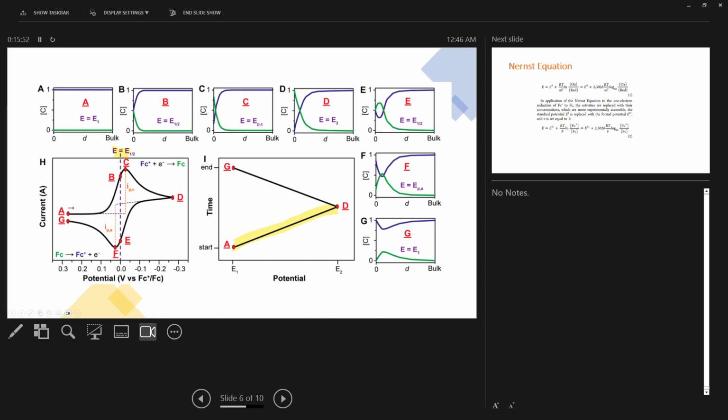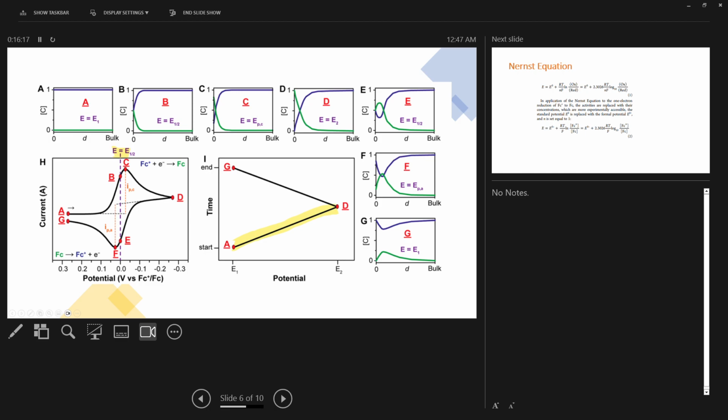It means that the reactant is again higher and the product is lower on the surface. Further moving toward G, we can see that the whole amount is again on the surface. The maximum amount is ferrocenium, Fc+, and there is very little Fc.